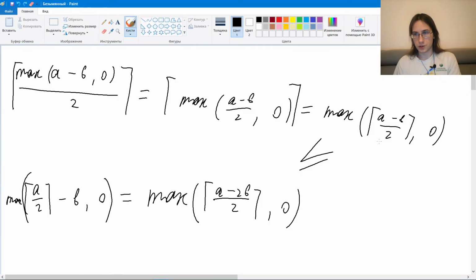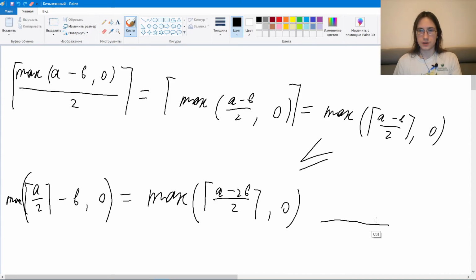First of all, division by 2 is a non-decreasing function. Then rounding up is also a non-decreasing function because it has such a graph, never decreases. And then we take maximum of this and 0, which is also never decreasing because this function has such a graph. It's 0 for negative numbers and it's equal to x for positive numbers.